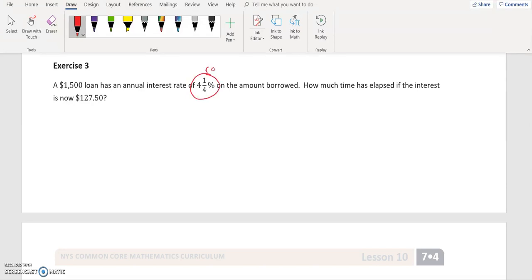So we know that's our rate, it's got a percent sign behind it, on the amount borrowed. How much time? So time is our unknown, has elapsed if the interest is now $127.50. So this is interest. And remember, it can be an investment or the amount borrowed for principal, and therefore a loan is how much you're borrowing. So this is our principal.